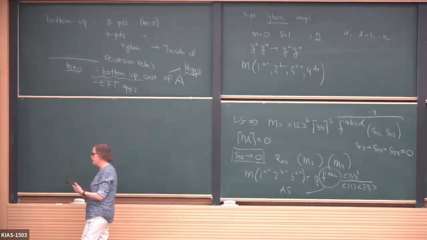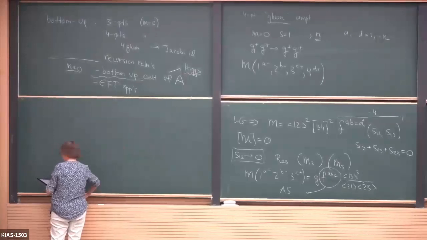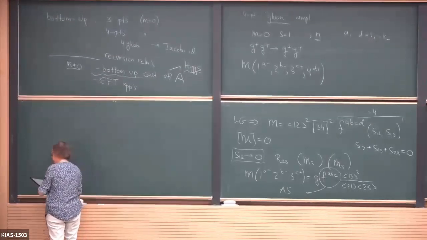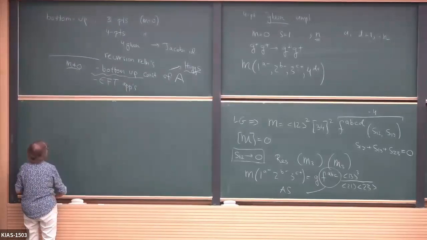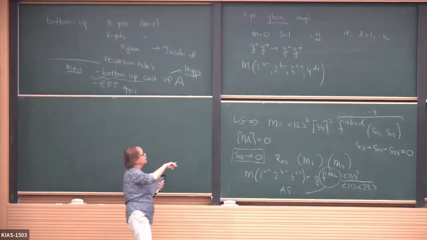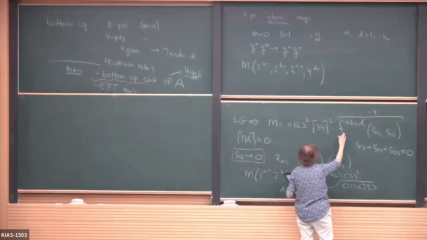Okay, so let's look at this a little more closely. Let's try to write down a more general ansatz for this function f^{ABCD}.